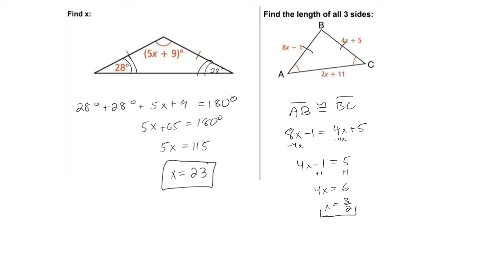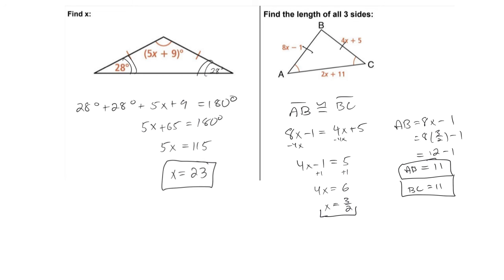Okay. Now, we need to actually find the side lengths. Well, right, AB is equal to 8x minus 1. So we're going to substitute in 3 halves for x to solve. 8 times 3 halves is 12 minus 1 equals 11. So AB equals 11. Well, if AB equals 11, we know that BC is congruent to it.